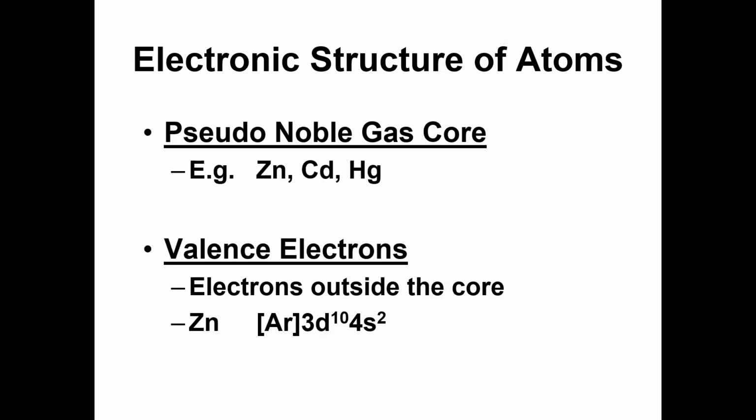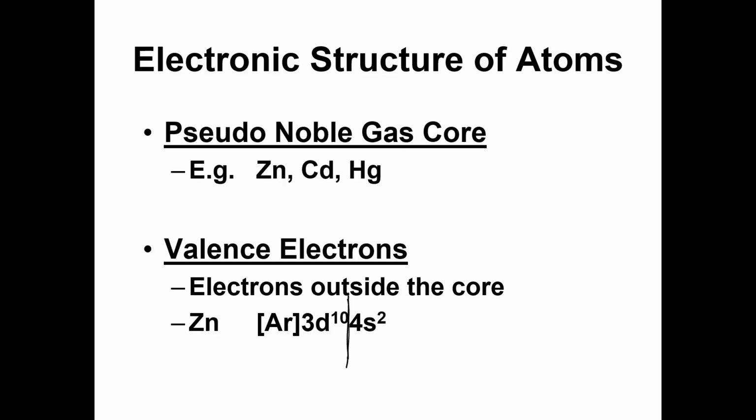Okay, so I mentioned the pseudo-noble gas core already. Zinc, cadmium, and mercury have a pseudo-noble gas core. It boils down to having a full d shell, which makes the valence electrons only those of the s electrons. Here it shows the 10 for zinc.